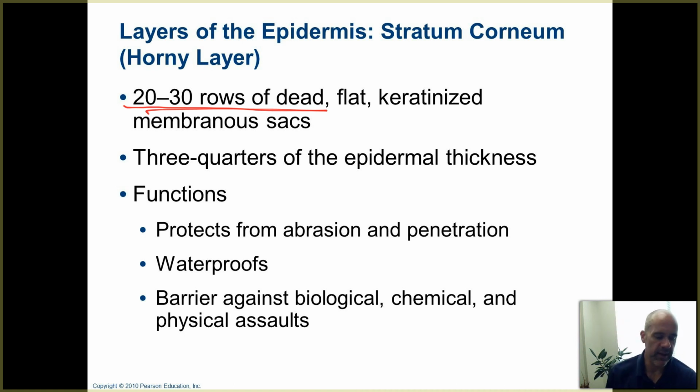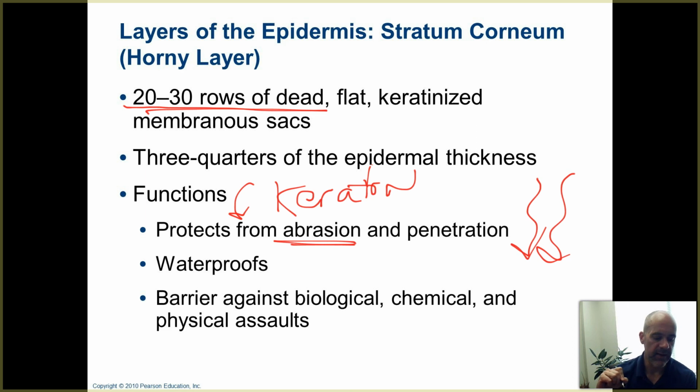What this keratin does is it's a very tough type of protein. Keratin is protecting you from abrasion, cuts, and tears, and blocks things from being able to invade into deeper tissues.